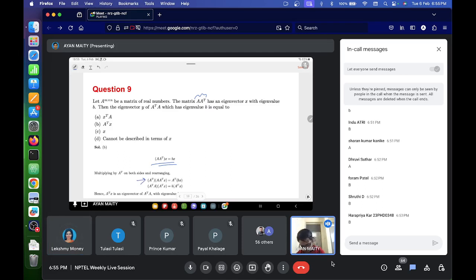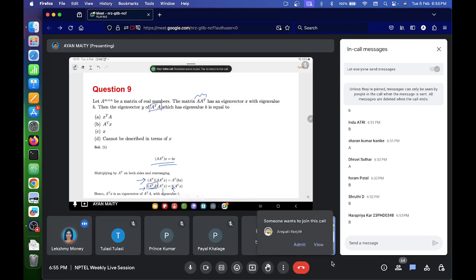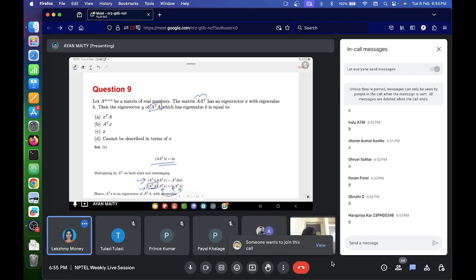Then we just rearrange this A transpose X. So this is the matrix for which we want to find out. And B is the value that is already present in this equation. So that means A transpose X is the vector. Correct, correct.